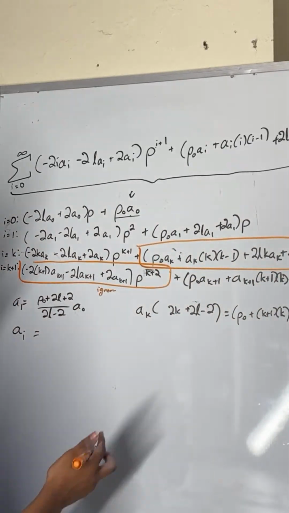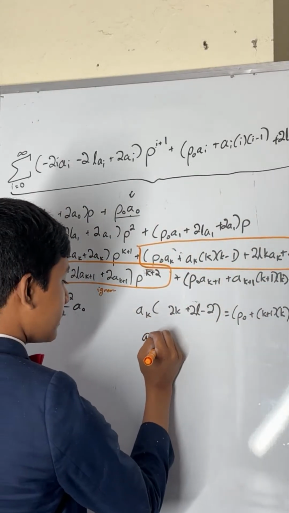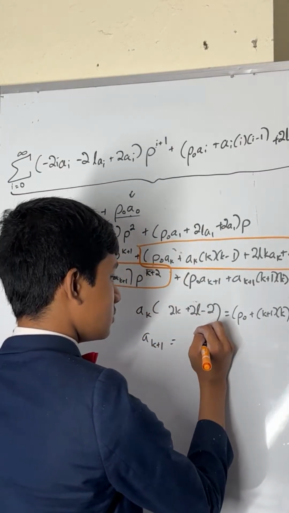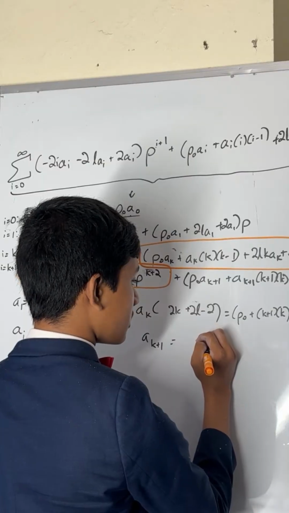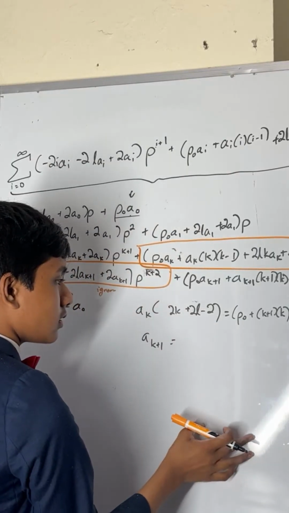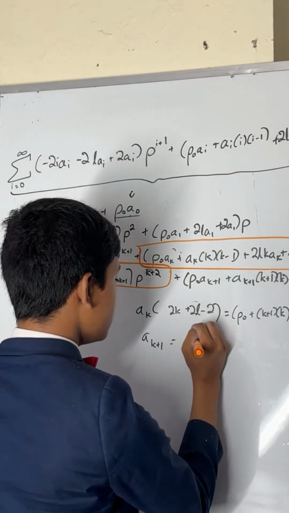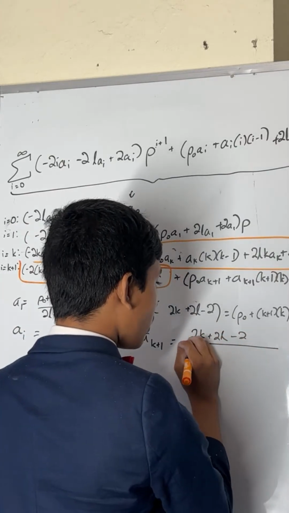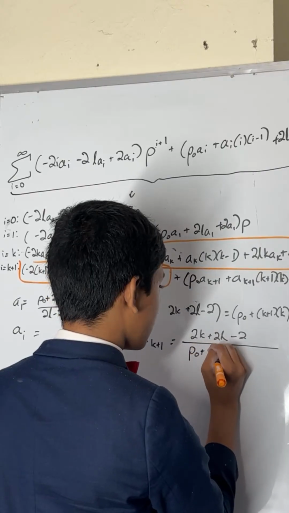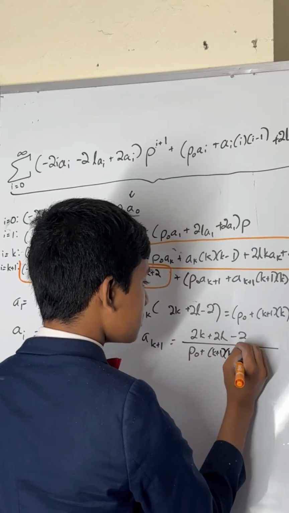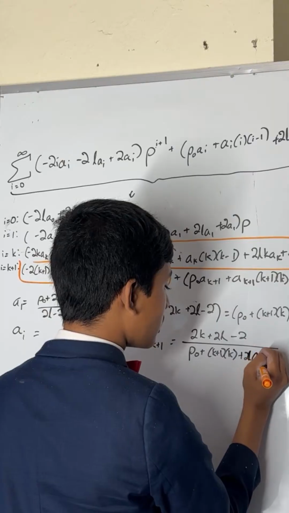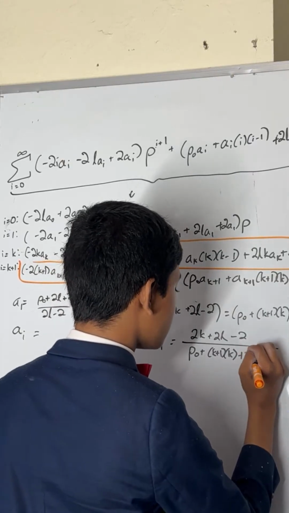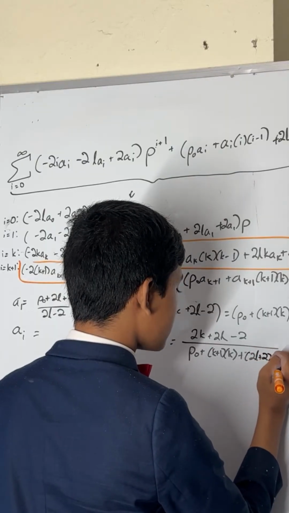So in general, a(k plus 1) is equal to 2k plus 2l minus 2 over rho naught plus (k plus 1) times (k plus 2l)(k plus 1) plus 2(k plus 1) plus 2l plus 2 times (k plus 1).